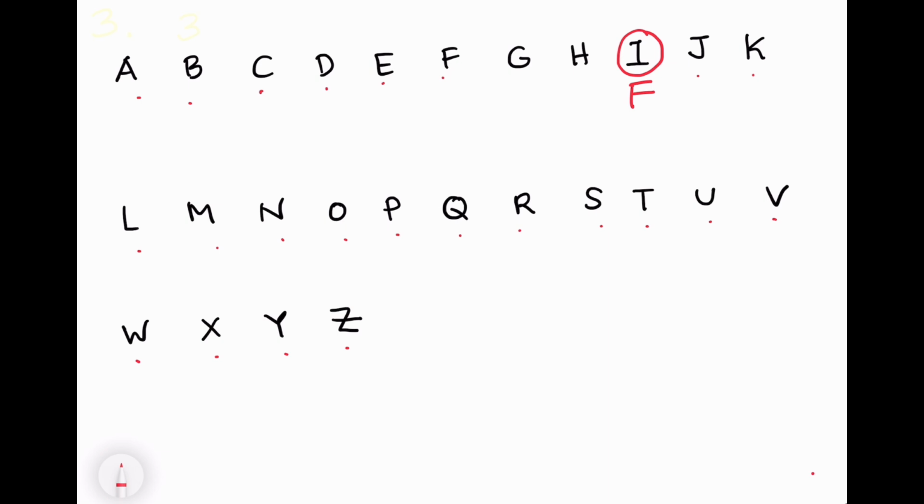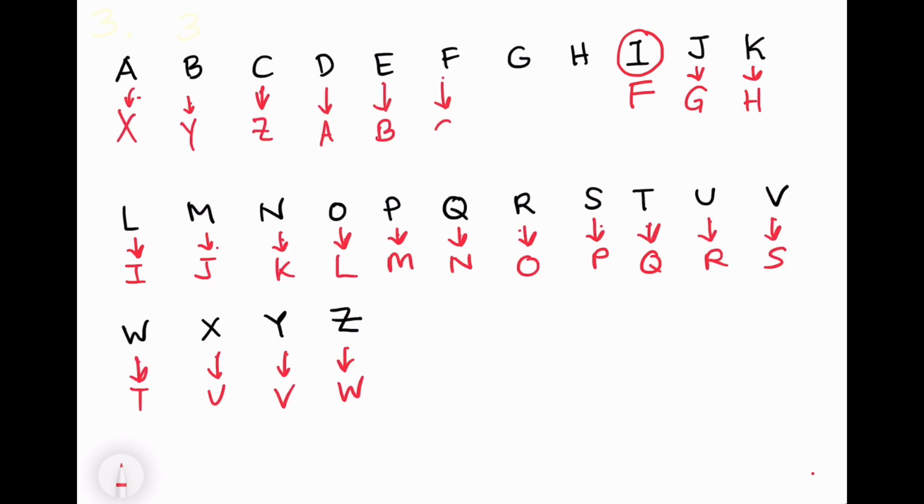And if we want to just summarize the encryption, we could say F, G, H, I, J, C, D, E. And so here you see the big picture in all of the translations.